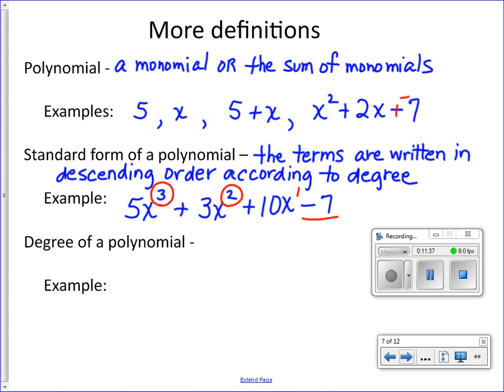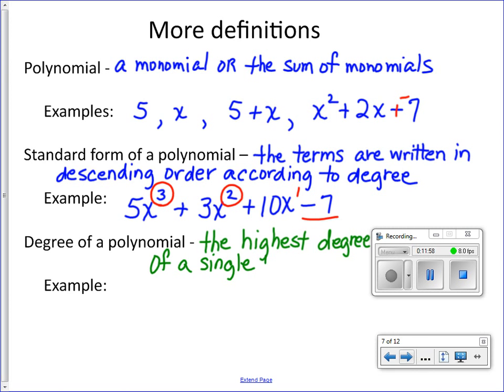Okay, the degree of a polynomial is the highest degree of a single term. Okay, so for instance, in our example, and I'll just write it again down here.